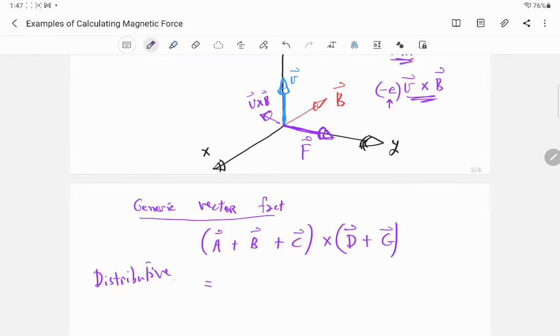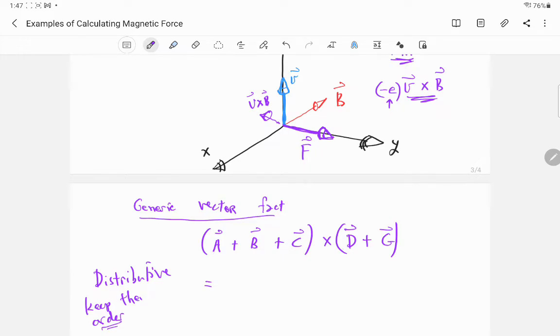It's equal to the result of a distributive property, right? A FOIL style action with your mathematics, but you have to keep the order. So what that means is A is on the left side of the cross product compared to D, for example.